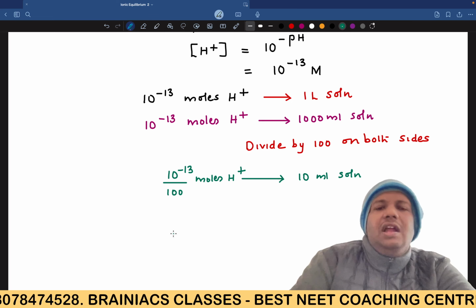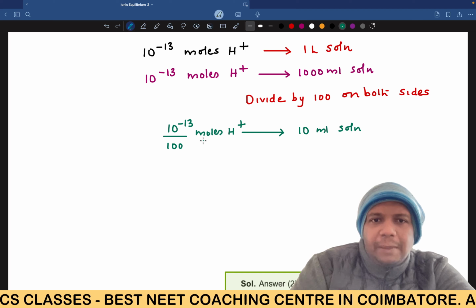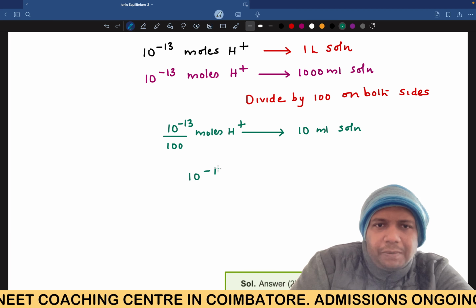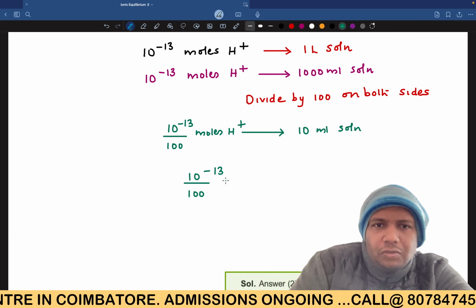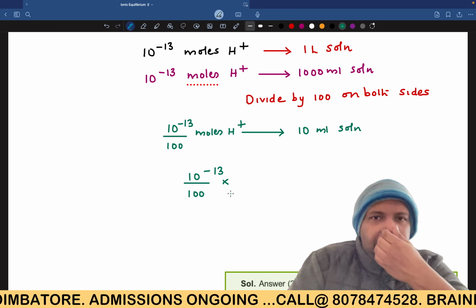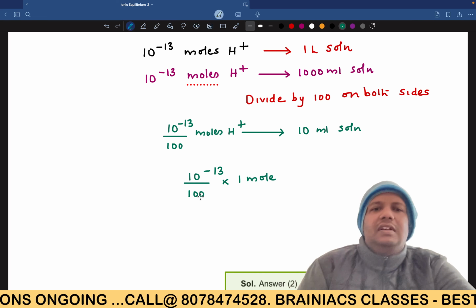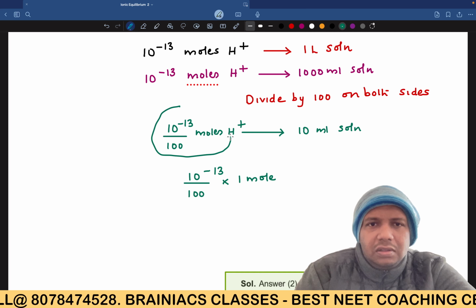H plus. Now listen, they are asking you the number of ions, so you need to convert the number of moles. Right now we know how many moles are present: 10 power minus 13 by 100 moles. So I can write this as into 1 mole. Correct? 10 power minus 13 by 100 into 1 mole is this many moles.